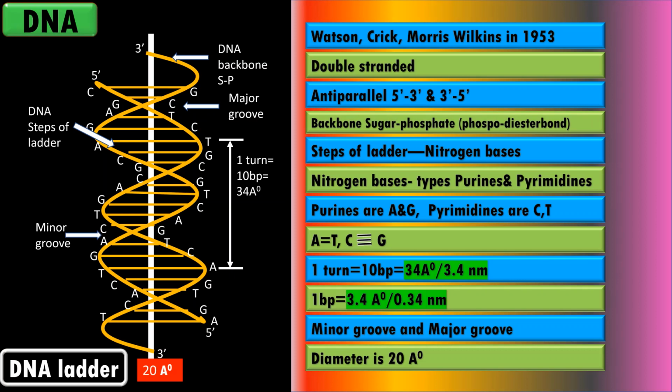Now students, once you know one strand of the DNA, we can write the other strand of the DNA easily. These are commonly asked questions in all competitive exams. Once you know one strand, we can write down the other strand easily because of complementary base pairing. Now what is the meaning of complementary base pairing?